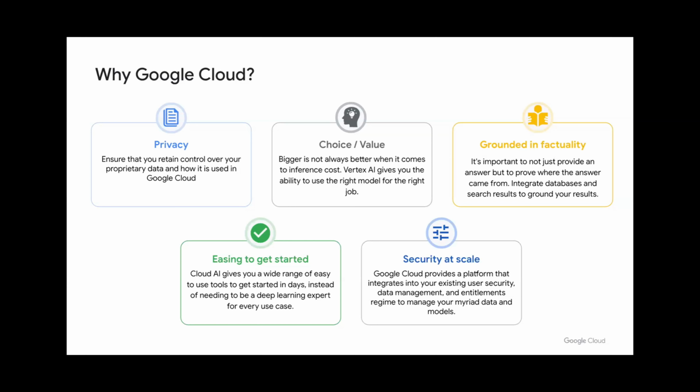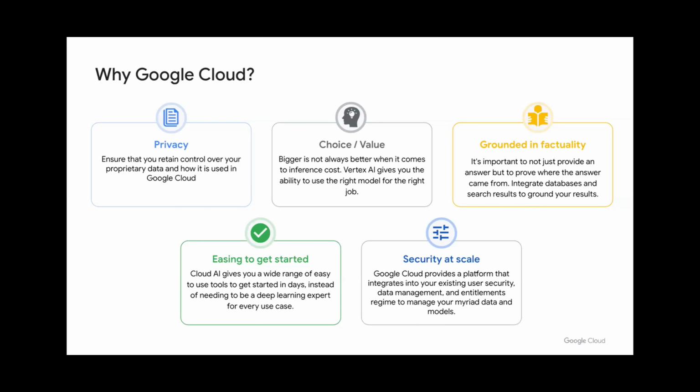Then it is easy to get started. We are known to simplify things, so we make it as easy as possible to get started with realizing value from your data. We are going to do the same with Gen AI. The last important one is security at scale. It might be easy to start at the beginning, but how do I stay secure when I scale up?